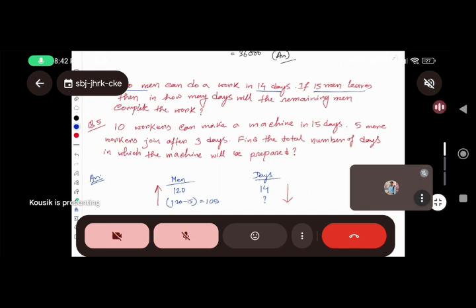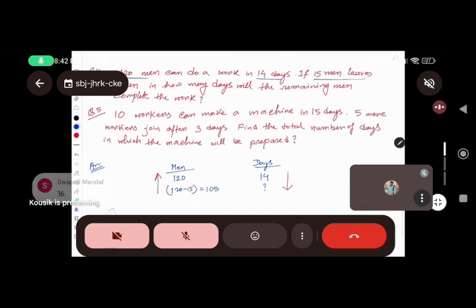If you employ fewer workers, then the time will be increased. So this is the opposite relation. That is why in case of 120 men complete the work in 14 days.